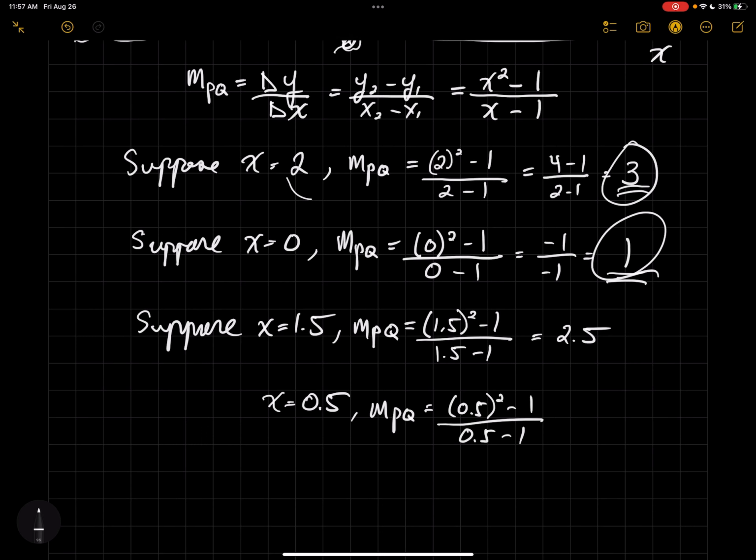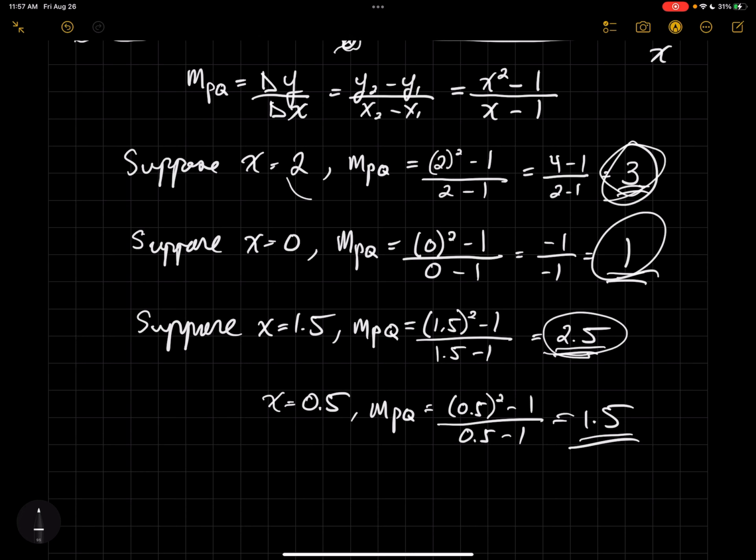And I now get a value of 1.5. So what we see is, again, different values for the slope of that secant. But notice that when Q is at an x value of 1.5, the slope is 2.5, whereas before when Q was at an x value of 2, the slope was 3.